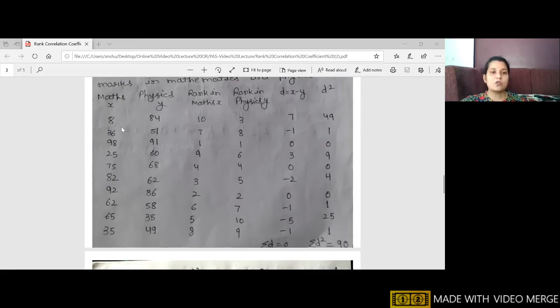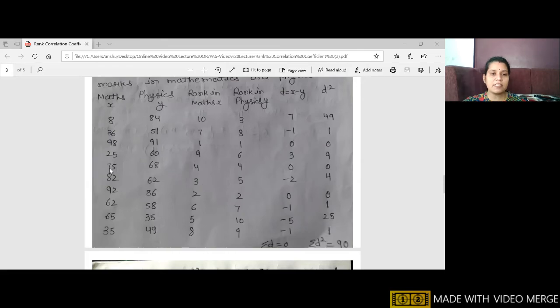So the highest number is 98. So this is the first rank. So 98 in maths corresponds to rank 1. The second one is what? 92. So this is the second rank. Third one is what? 82. So we give the third rank.